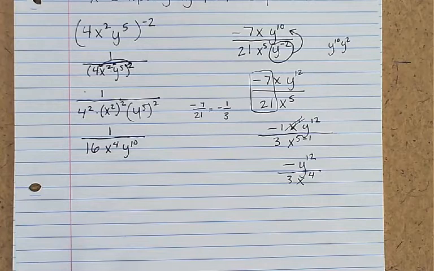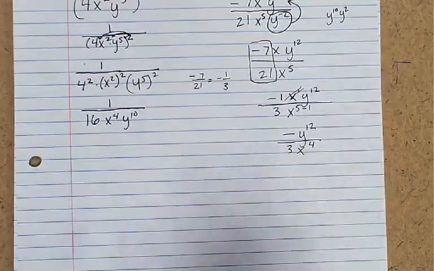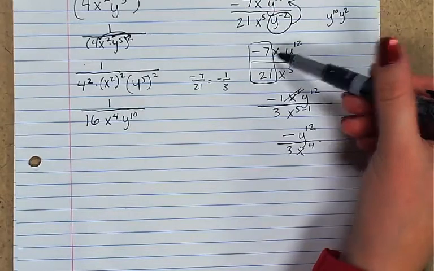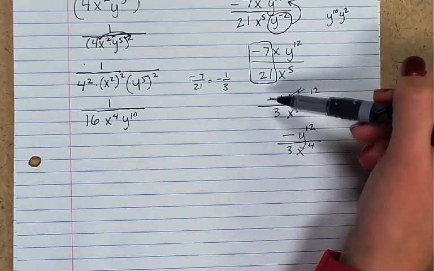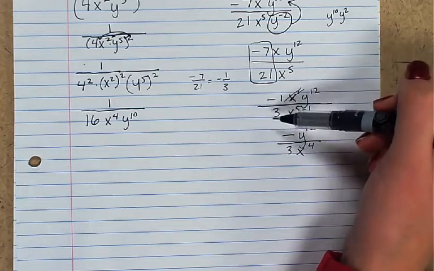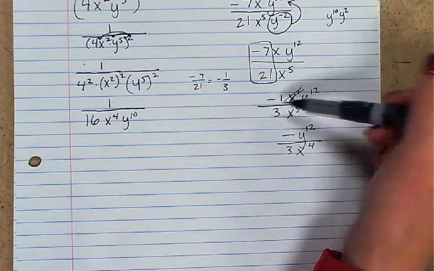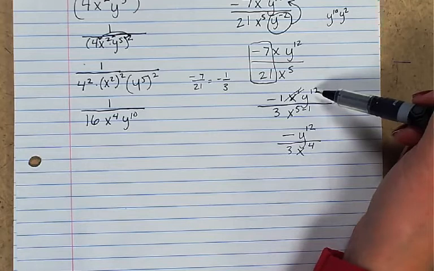Now, a lot of times, some misconceptions I've seen is anytime somebody sees a negative symbol, they think that something needs to happen. When you have negative numbers like this -7 or -1, don't try to move those to the denominator or vice versa. It's only when you have a negative exponent.